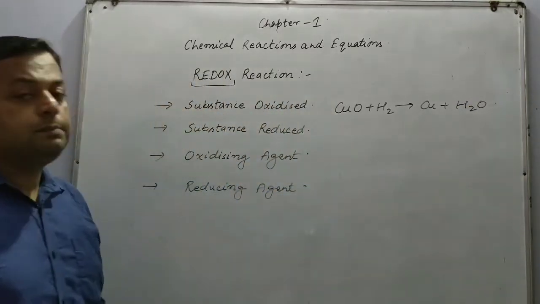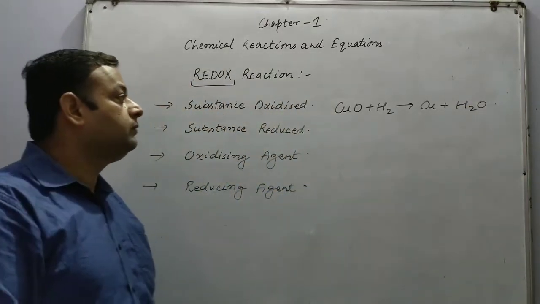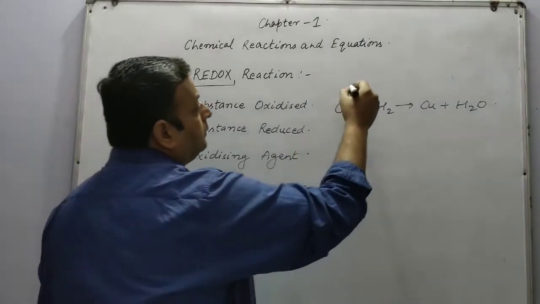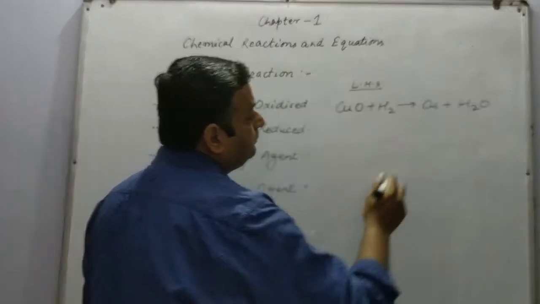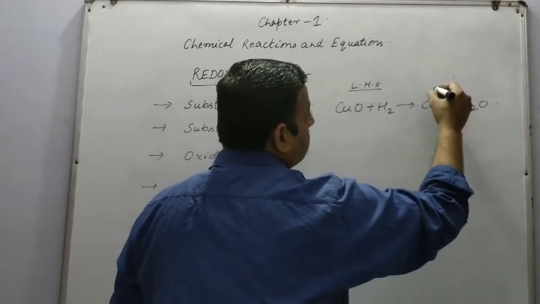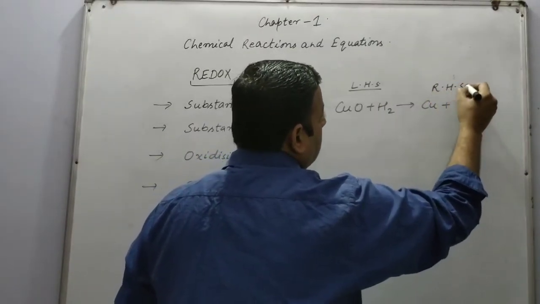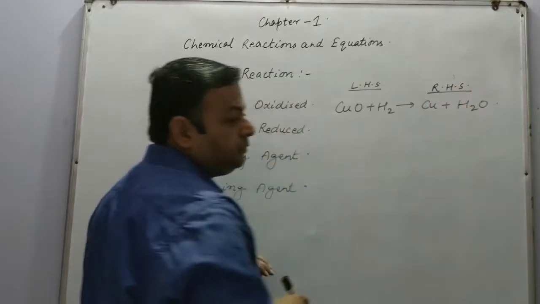This is a very simple example of a redox reaction. This is the LHS or the left hand side of the equation, and this is the RHS side of the equation.